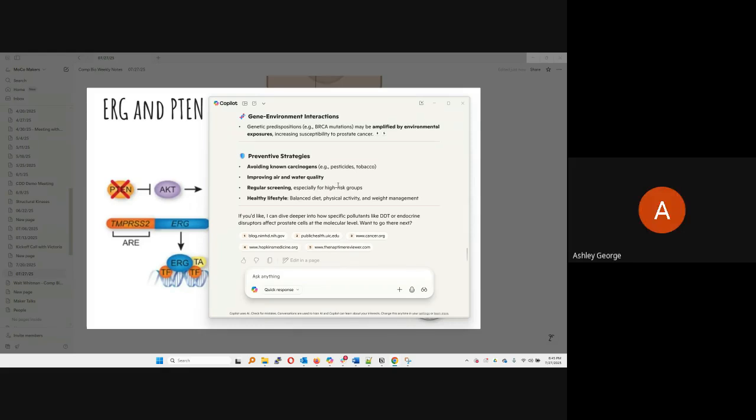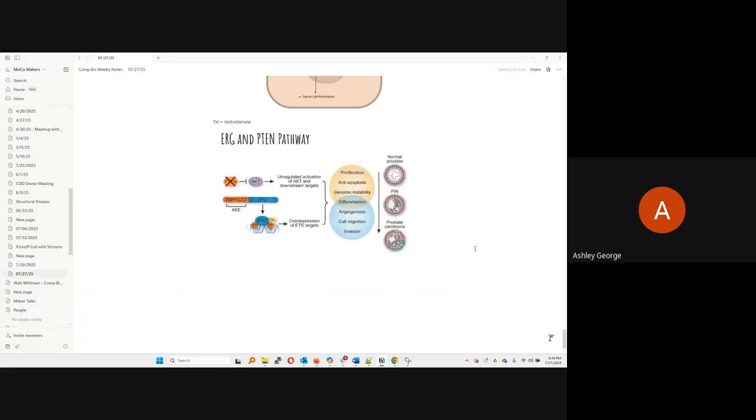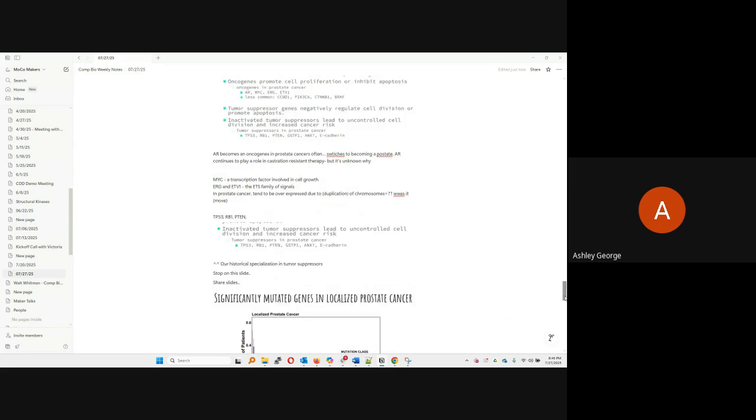Through my research, I also see some risk factors like diet and obesity. So diets that are high in red meat and high-fat dairy products a lot of times can increase the risk of prostate cancer, and obesity is linked to a higher risk of a more aggressive form of prostate cancer.